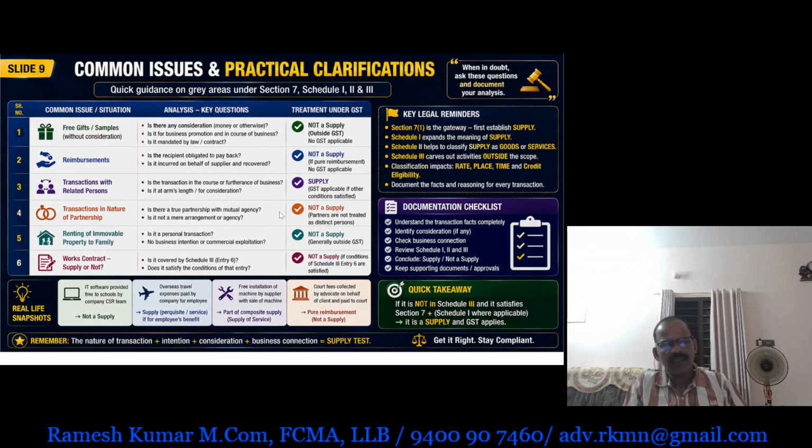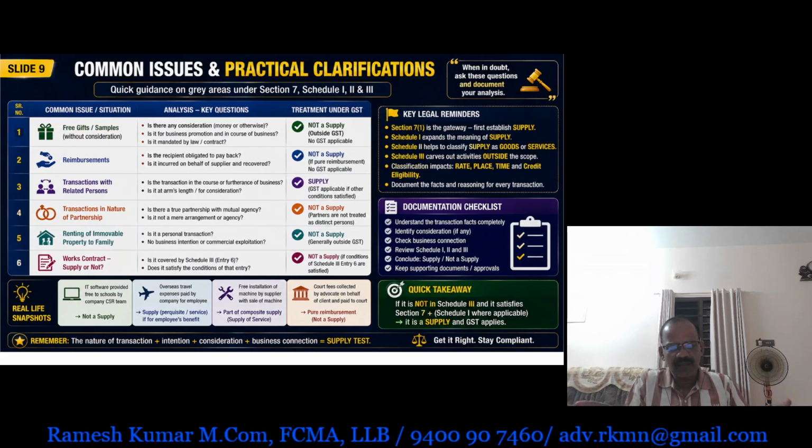Now, let us look at some common situations where GST analysis can become very difficult. First, free gifts and samples. Does the absence of consideration automatically mean that there is no GST implication? Not always.